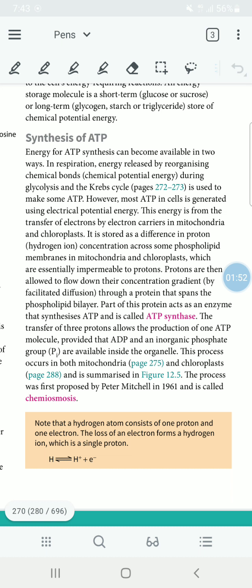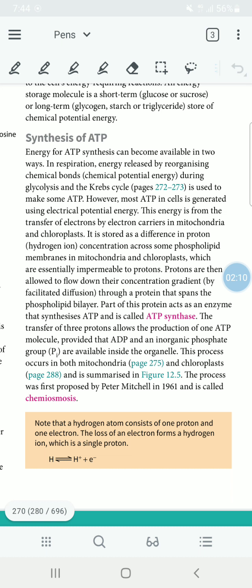So this chemical potential energy is made available as a result of glycolysis and the Krebs cycle, which we will be learning in our next stages. That will allow some energy to come through.